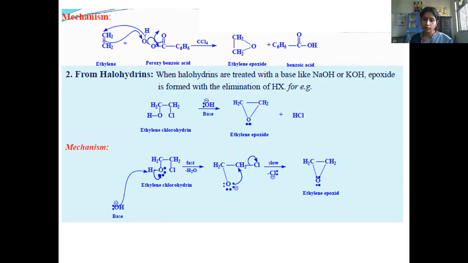If we see the mechanism, first the base releases the H plus or the proton from the hydroxyl group. And then, to maintain electrical neutrality, the chloride from the adjacent carbon also goes, taking the negative charge, and the bond between the oxygen atom and the other carbon atom forms, and it forms ethylene epoxide.